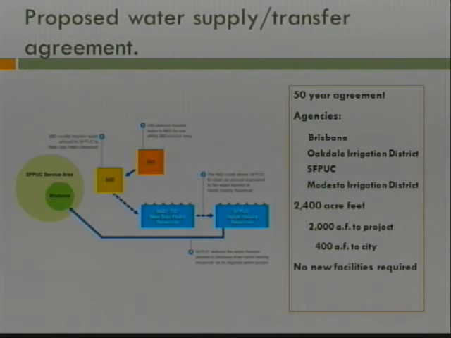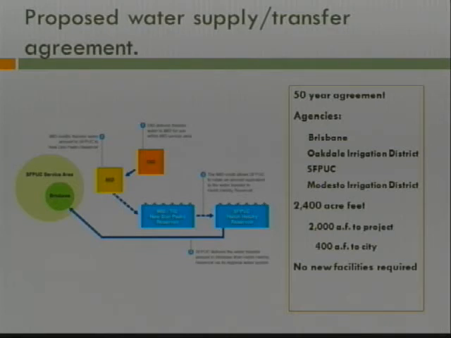And there is a water supply assessment that analyzes wet years, dry years, multiple years of drought, and a demonstration that with this water supply agreement, as well as, and we'll talk about the on-site wastewater, the on-site recycled water plant, there would be adequate water for build out of the Baylands with additional water for the balance of the city. 2,000 acre feet: 1 acre of land, 1 foot deep, is about, I can never remember this, 300-something thousand gallons. 400 acre feet per year reserved for the city for the build out of things like Sierra Point. And the key is no new facilities.